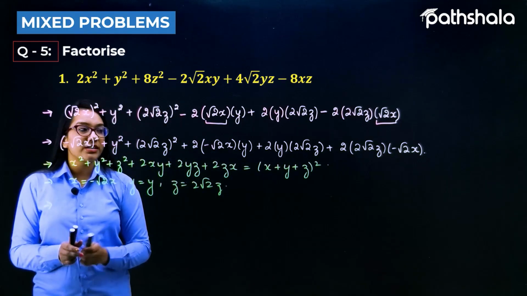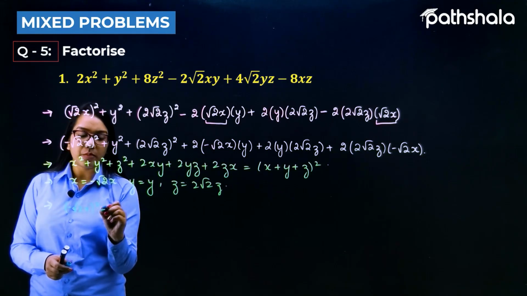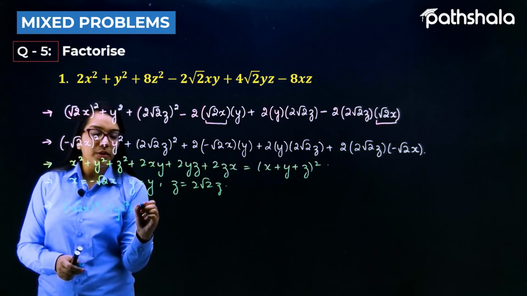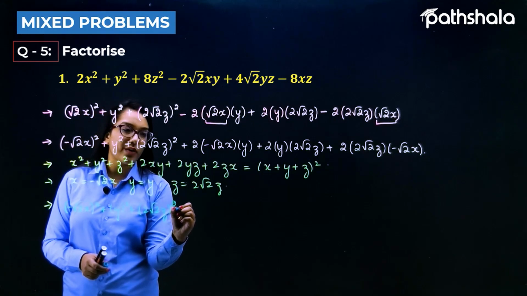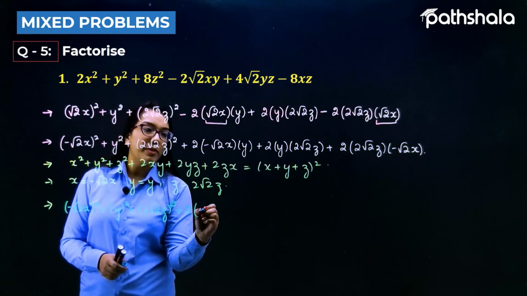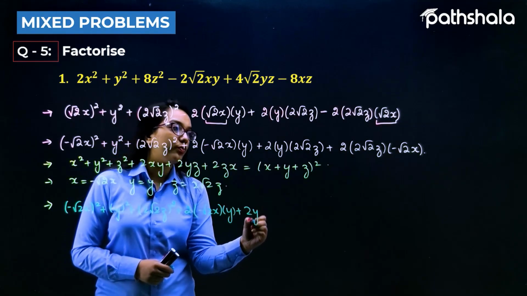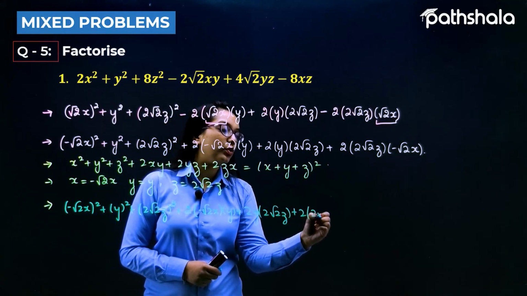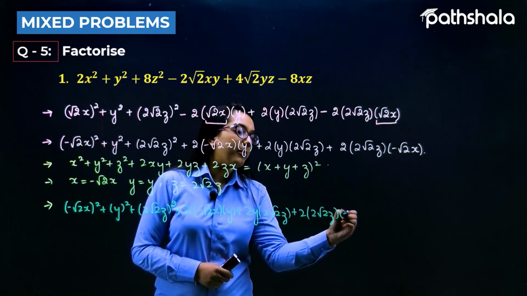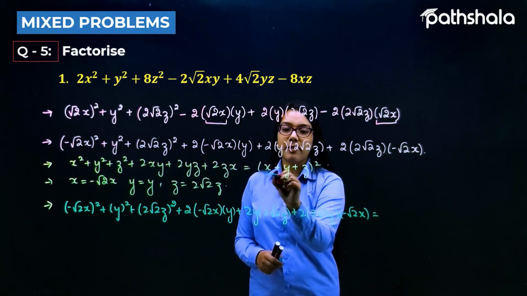So in place of x we use −√2x, squared, plus y squared, plus 2√2z squared, plus 2 times (−√2x) into y, plus 2 times y into 2√2z, plus 2 times 2√2z into (−√2x), which is equal to (x + y + z)².